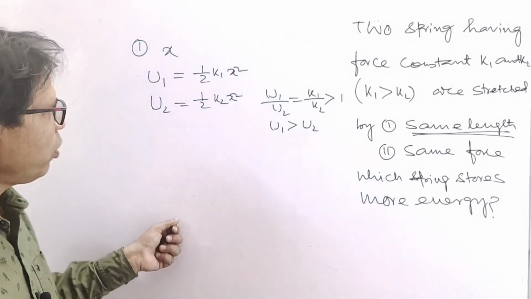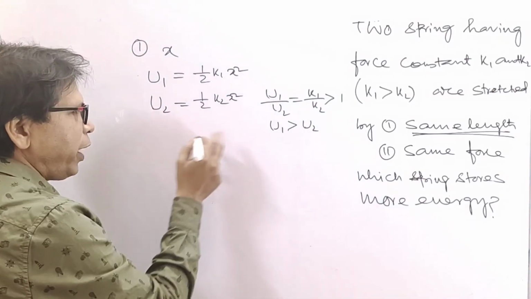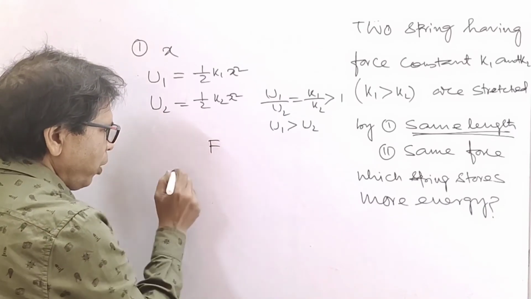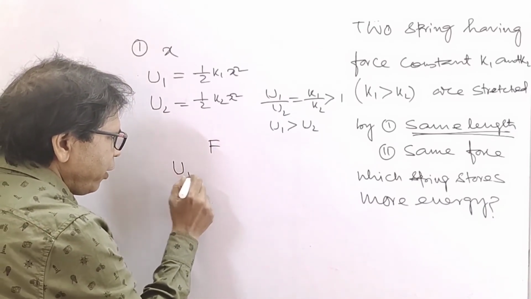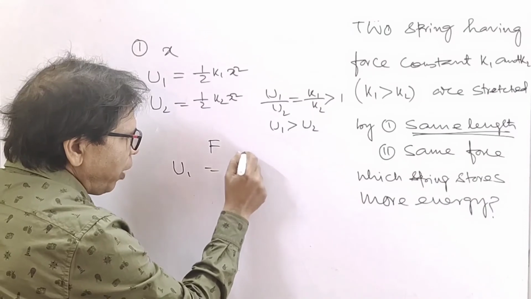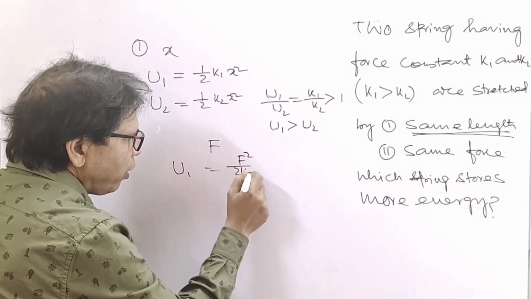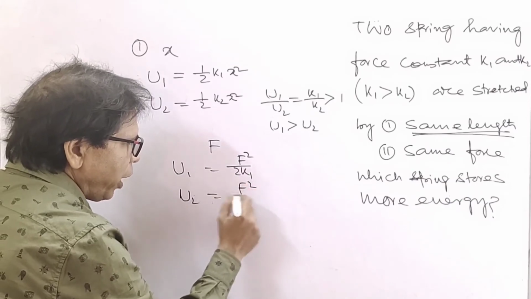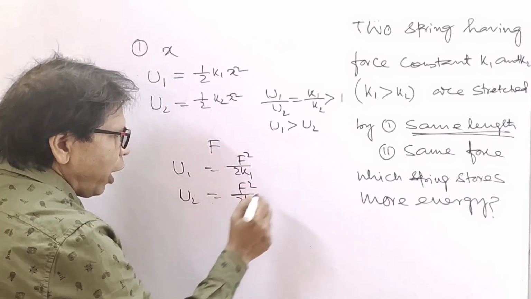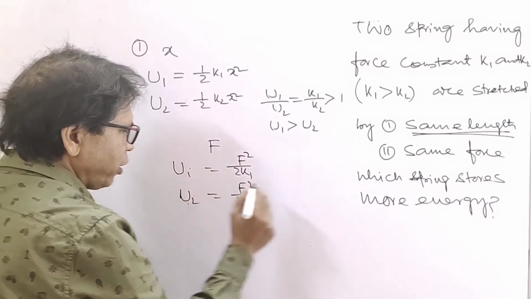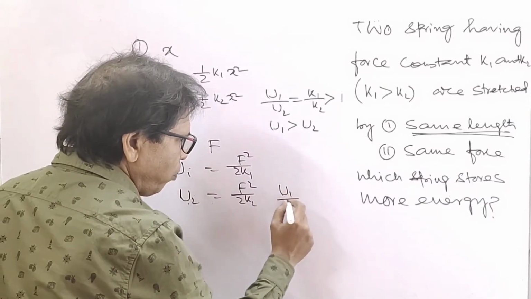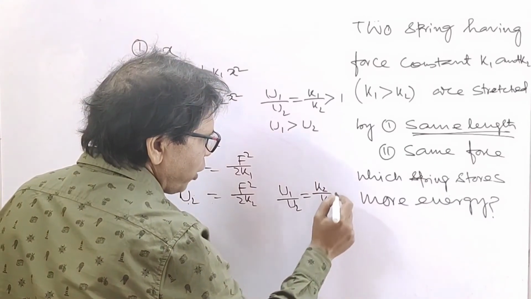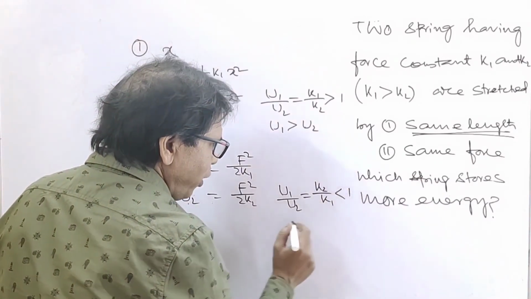Okay, understood? Next, look at it. If they are stretched by the same force, suppose applied force F. So U1 is F square by 2k1, and U2 is F square divided by 2k2. Now if we divide this by this, we get U1 by U2 is k2 by k1, which is less than 1.